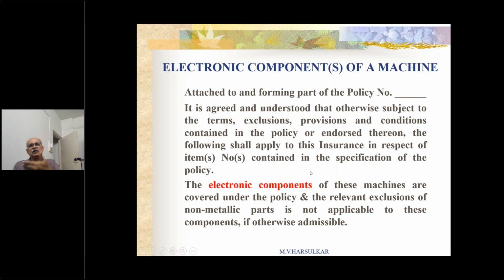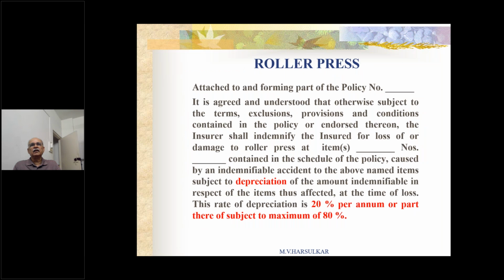This is from one insurer company; I don't know whether all insurers are attaching these endorsements or not. Then roller press. If roller press is covered, then there is a depreciation endorsement: 20%, maximum 80%. Again, here the depreciation is more than 75%.